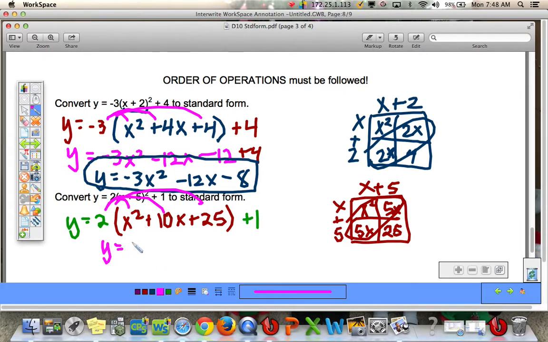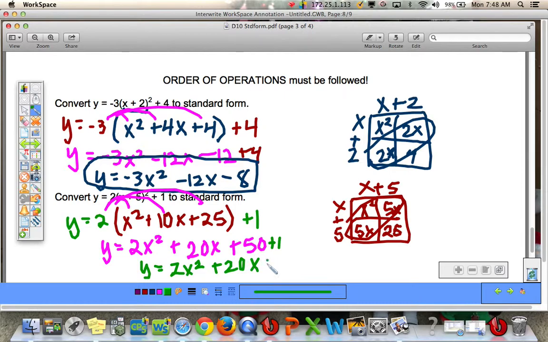So we have y equals 2x squared plus 20x, sorry, plus 50, and then remember you still have this plus 1 on the outside. Combine like terms, and the final answer is y equals 2x squared plus 20x plus 51. And this is your function in standard form.